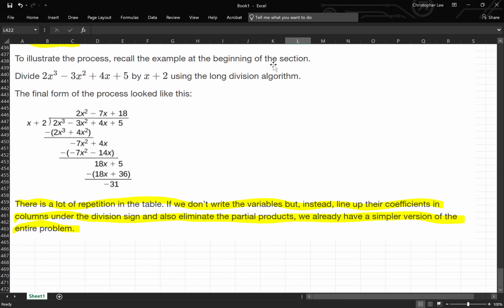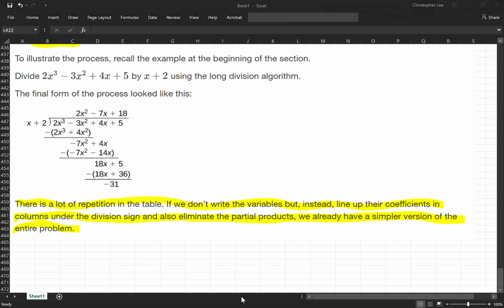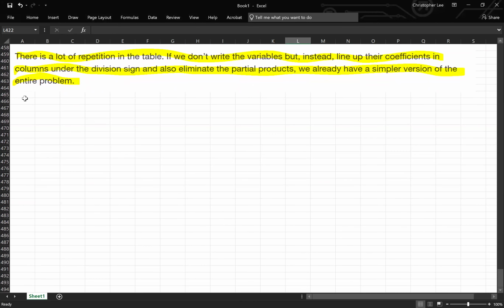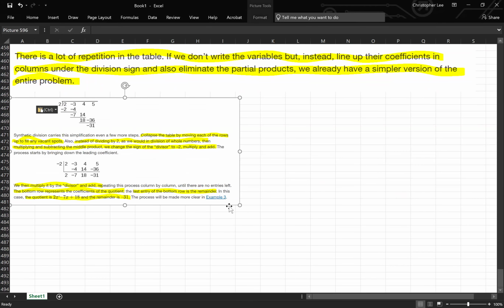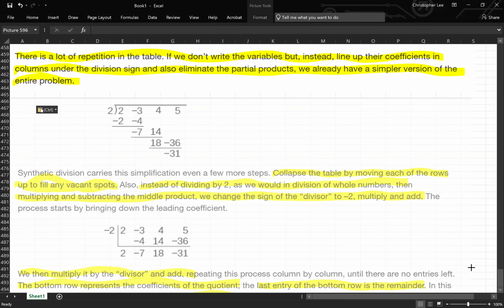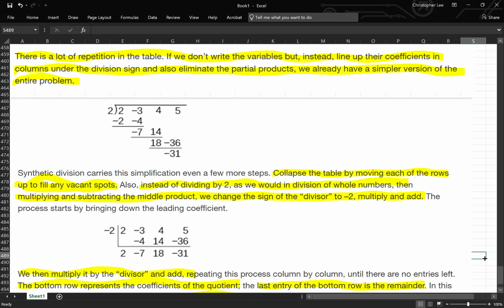There's a lot of repetition in the table, so if we don't write the variables, but instead line up the coefficients in columns under the division sign and also eliminate the partial products, we already have a similar version of this entire problem. So 2 divided by 2, negative 3, 4, 5.